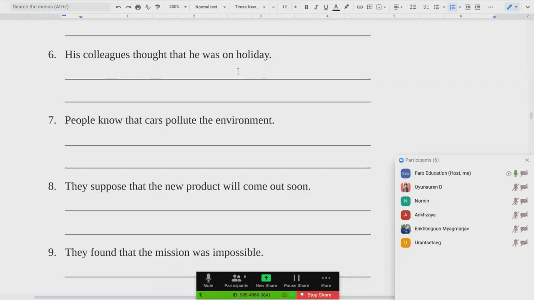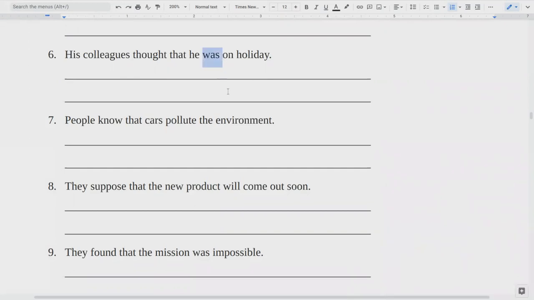Or maybe to have been, right? To have been. Өнгөрсөн цаг юм чинь. Өнгөрсөн цагийн passive usage: it was thought that he was on holiday. Дараагийн personal нь: he was thought to have been on holiday.